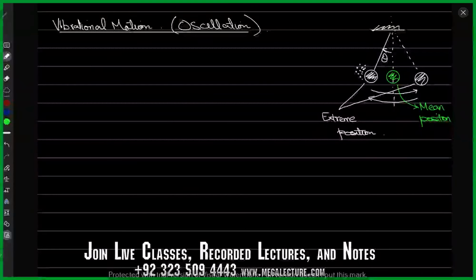Extreme positions are those positions at the maximum height that you raise the ball to, and then you release it from there. That initial position was the extreme position, and the ball is going to come to rest at some position after some time eventually. That position is known as the mean position of the bob. Is that idea clear? Yes, sir. All right. Okay, great.